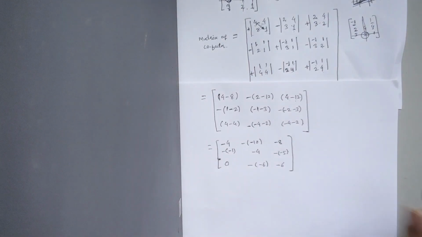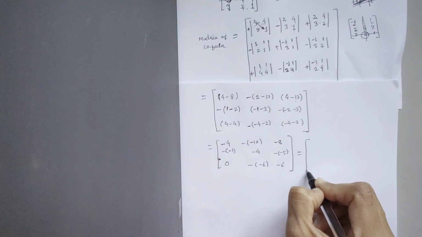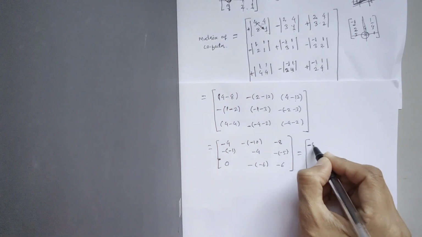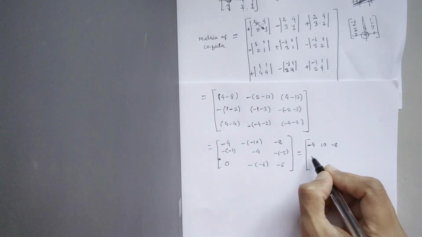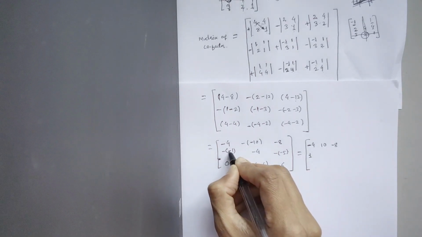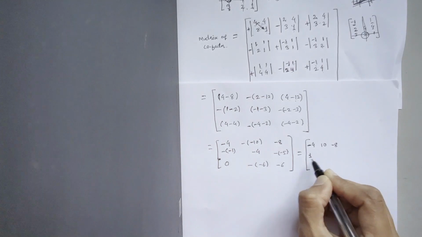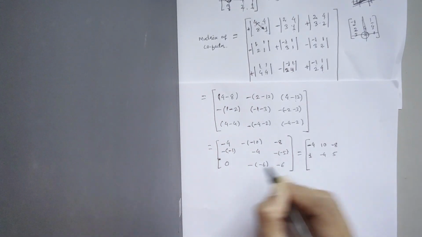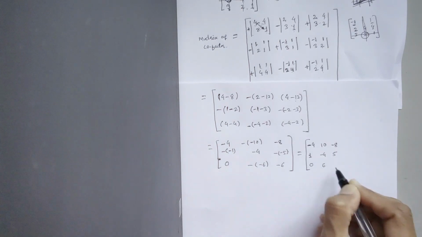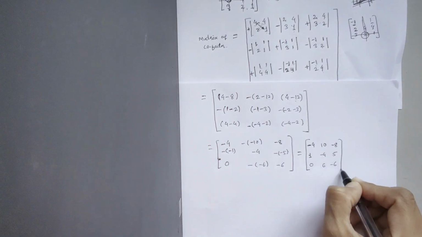So finally the matrix I got is minus 4, 10, minus 8; 1, minus 4, 5; 0, 6, minus 6.